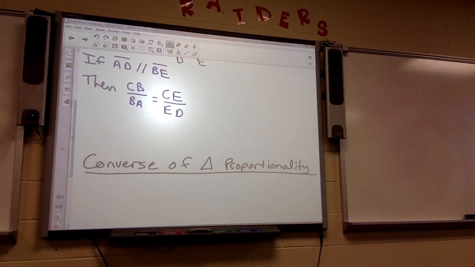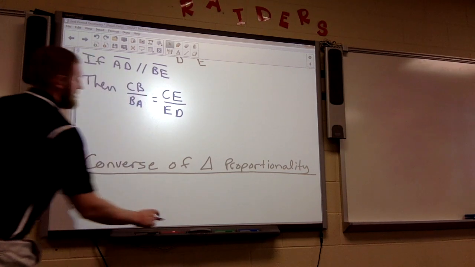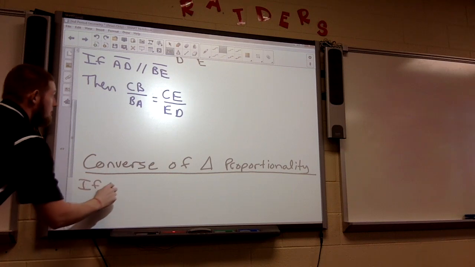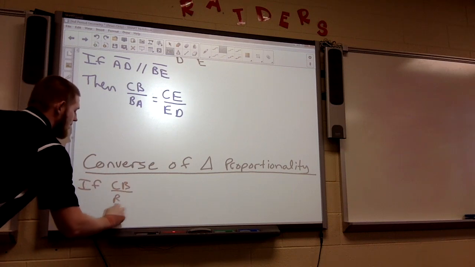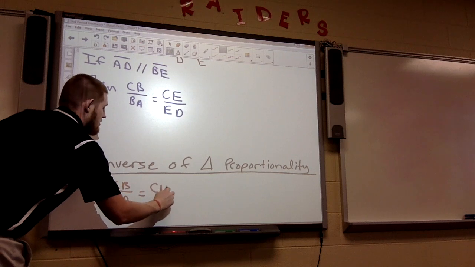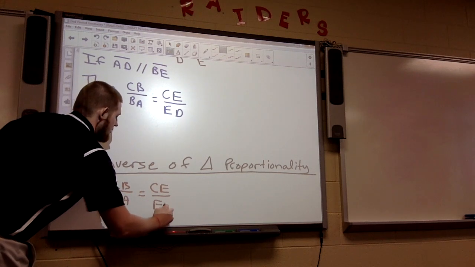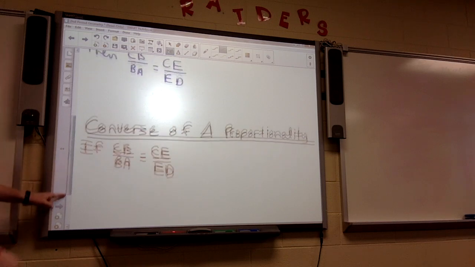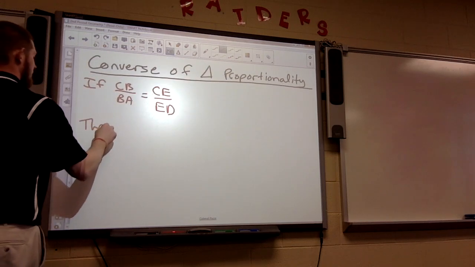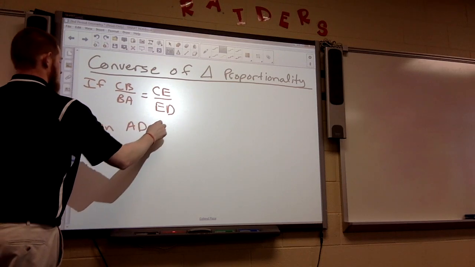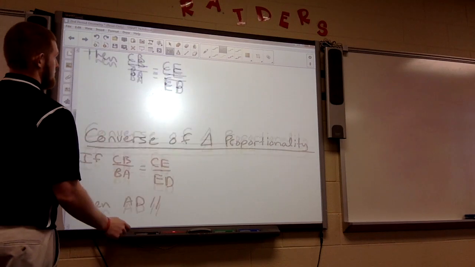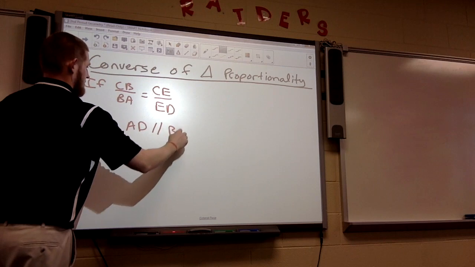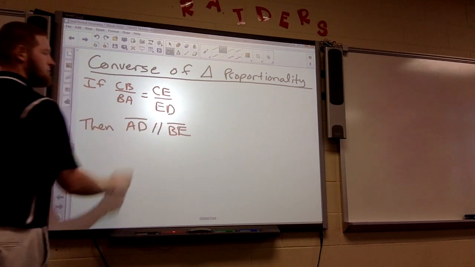Allison, what is the converse of that? Okay. Give me 1 second while I write that. If CB over BA equals CE over ED, then what? Good. Then AD is parallel to BE. Okay, you're just flipping it around.